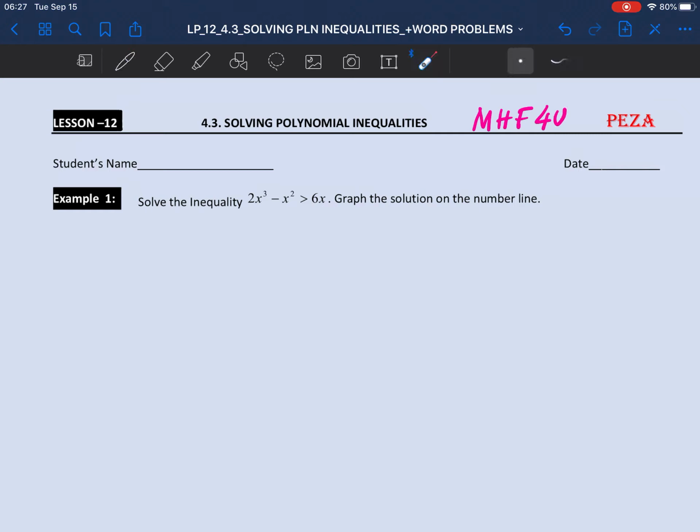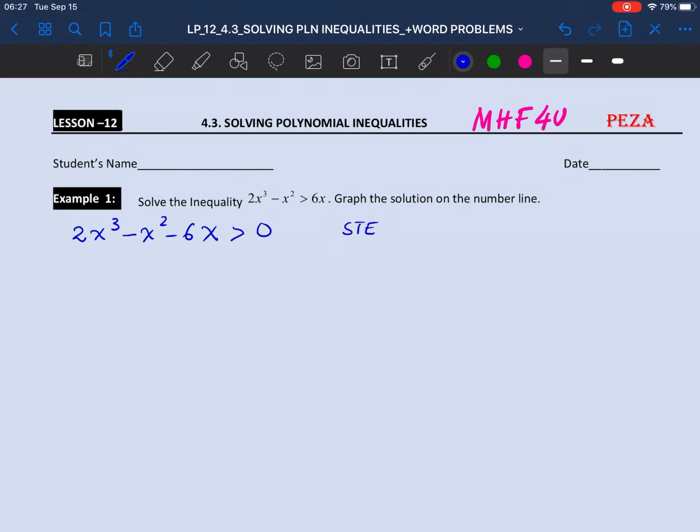The first example that I've selected is that of a third degree polynomial. We say it's third degree because the highest power of the variable x in this inequality is 3. Step 1. Take all the terms to one side of the inequality. Leave 0 in the other. In our case, I'm going to take all the terms to the left side. That's my preferred side when it comes to transferring the terms, and leave 0 in the other.